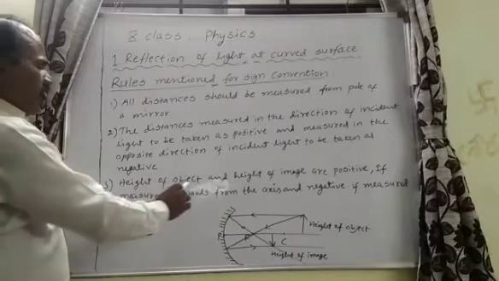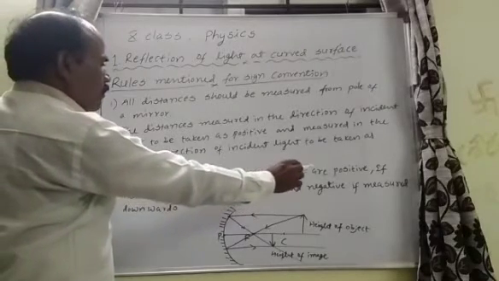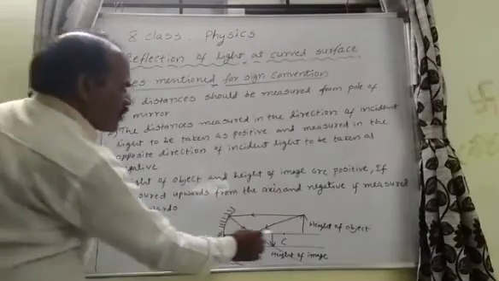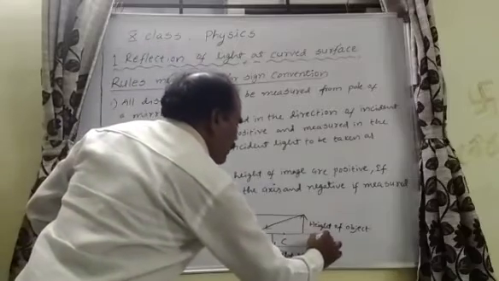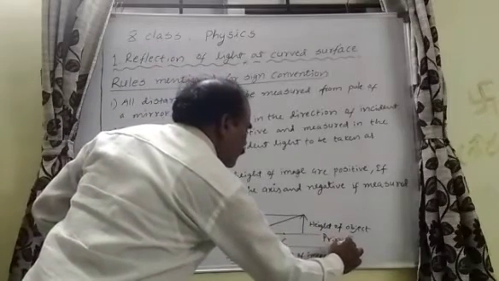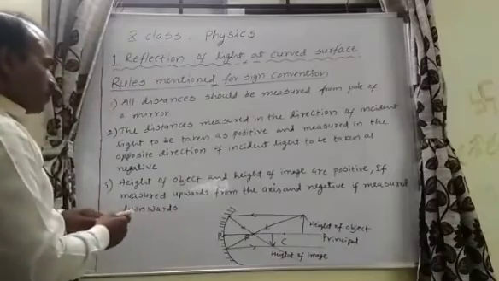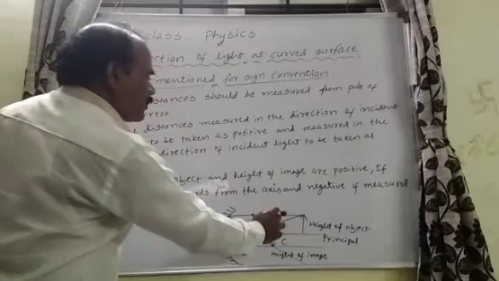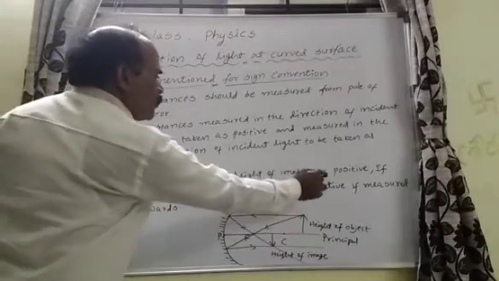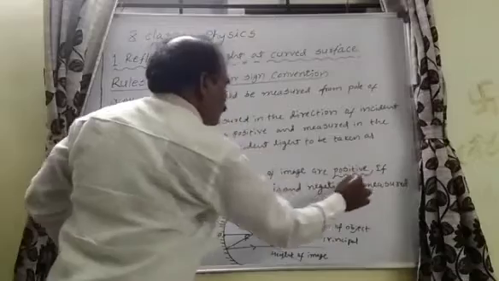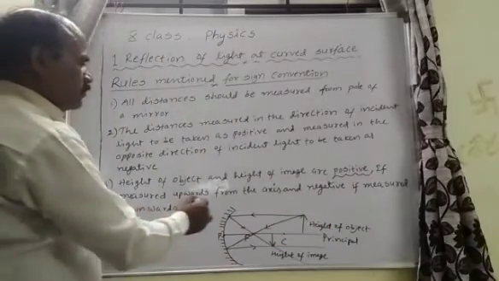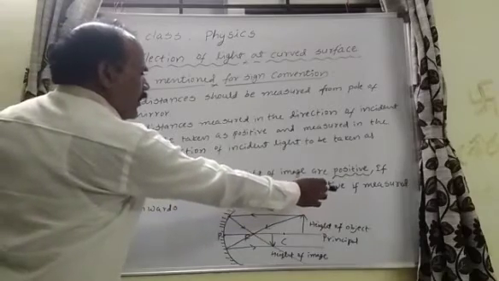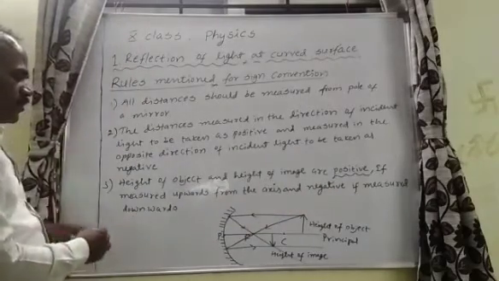Third, height of object and height of image are positive if measured upwards from the axis. This is the principal axis. The height of the object or the height of the image above the principal axis is taken as positive, and negative if measured downwards.